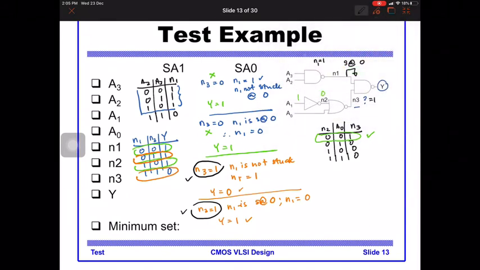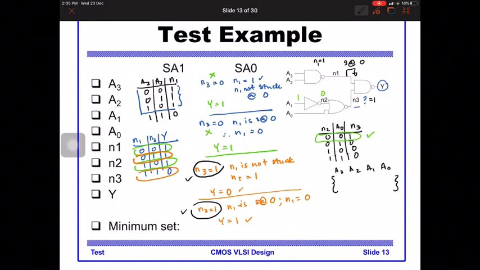So now we have the complete test vector. The test vector or the test pattern, you can arrange it from A3, A2, A1, and A0. So A3, you can choose any one here. So that means let's choose the first one. A3 and A2 equals to 0. A1, what is A1?